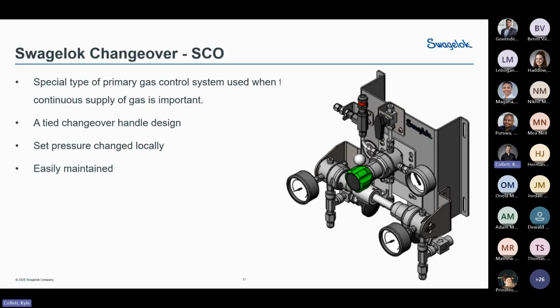These systems as well can be configured with captured vents to safely vent off any excess pressure when changing out your cylinder supply. These changeover panels are found in applications where large amounts of gas are being used, or in critical applications where you can't afford the application to run out of gas mid-run.